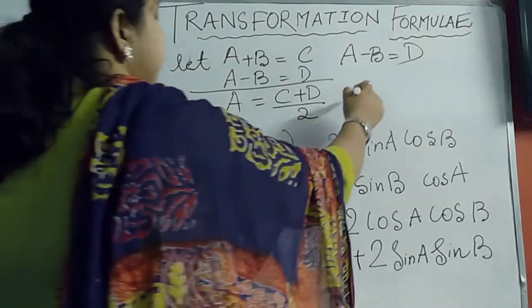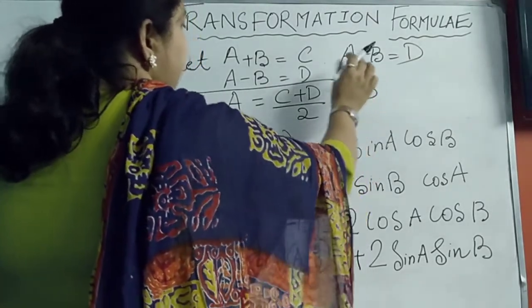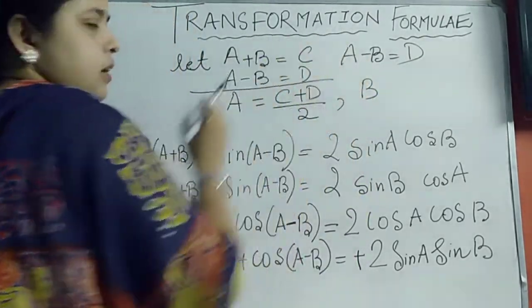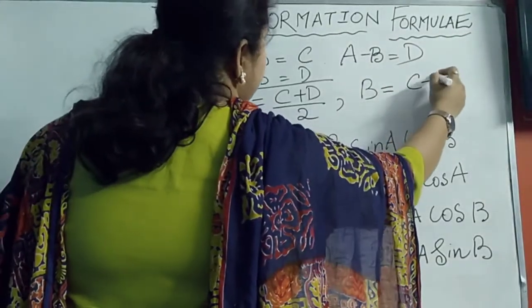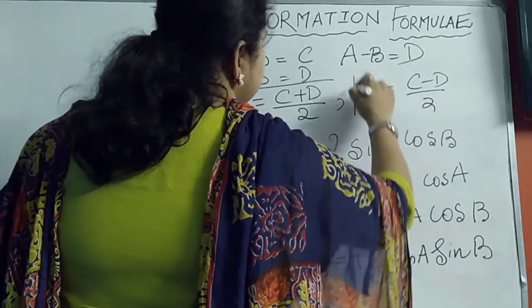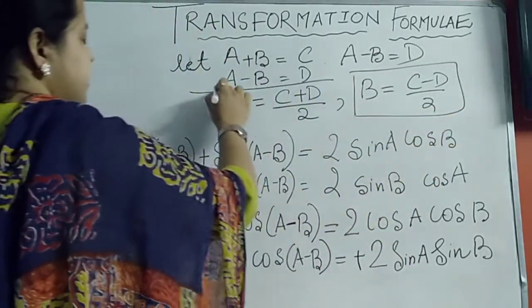Similarly, when B is calculated, after putting this A here, we are getting B as C minus D by 2. Please have a look at it.